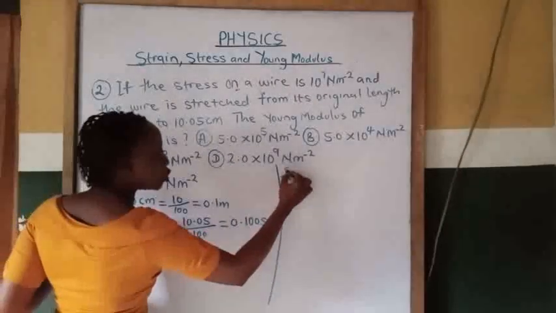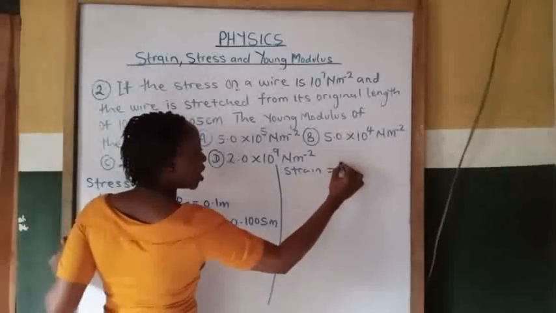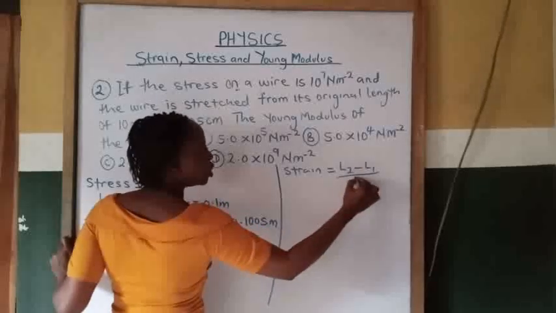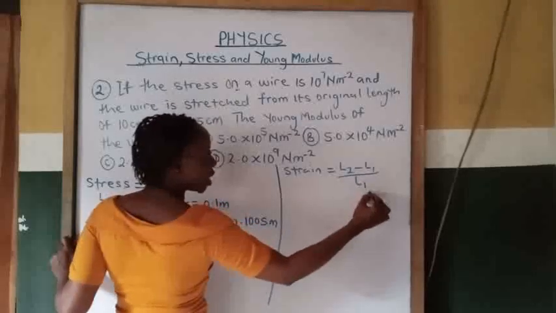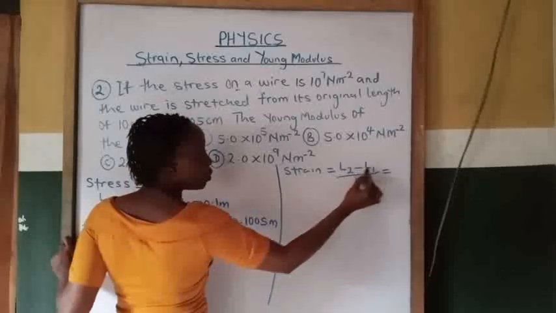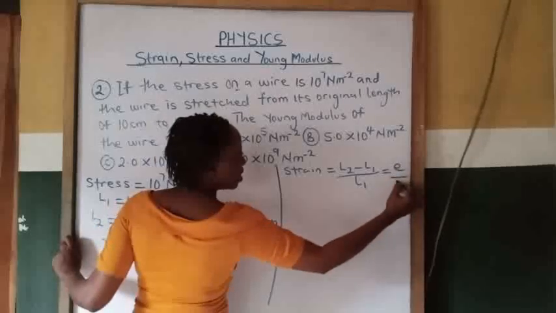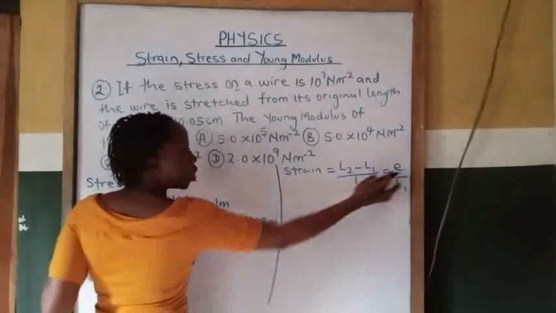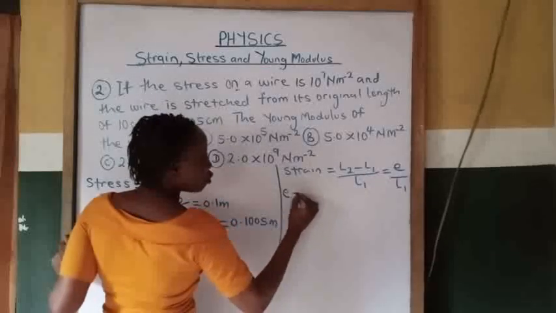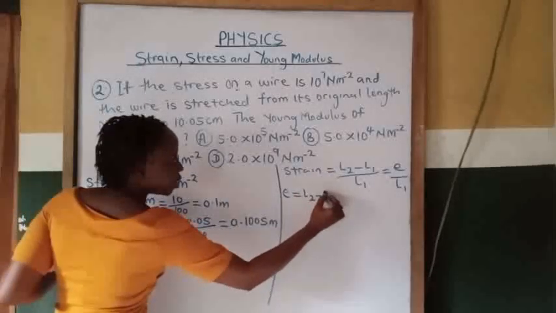Strain is equal to change in length, L2 minus L1, divided by the original length of the wire. This change in length, L2 minus L1, is equal to extension, divided by the original length of the wire. So we have to look for extension. E equal to change in length, that is L2 minus L1.